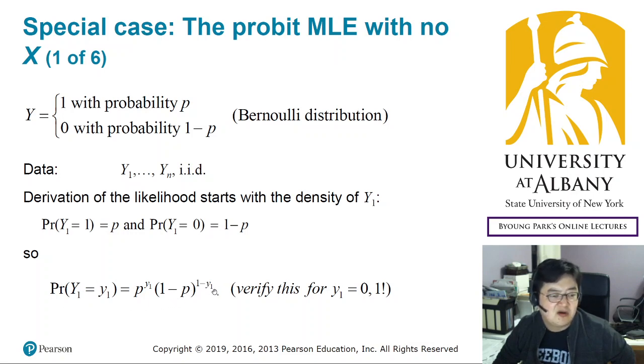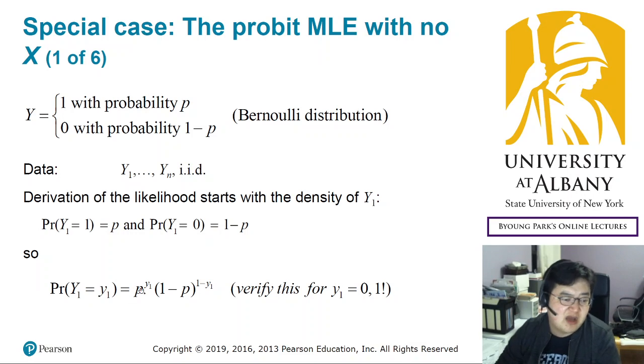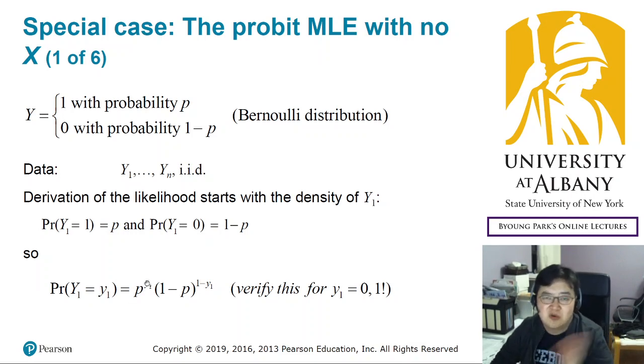And then, as we derived earlier, the realized probability can be written in this way. This one formula can take care of two cases, 1 and 0, at the same time. So if you are interested, try what happens when you plug in 1 and when you plug in 0. See what happens.